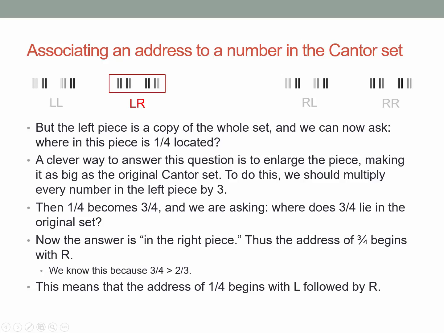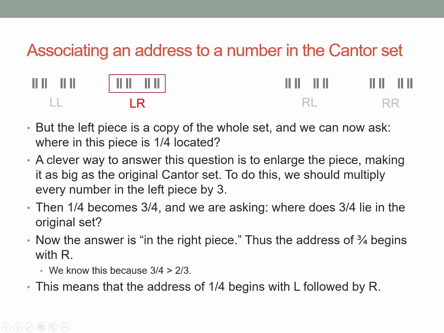It might get confusing if we don't give a longer label. So here, if I look at the left piece of the Cantor set, it itself falls into two smaller pieces, the LL piece and the LR piece. Over on the right you can see the right piece of the Cantor set, and it also falls into two pieces, the RL piece and the RR piece.